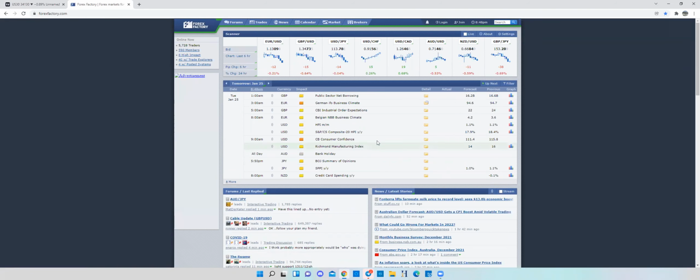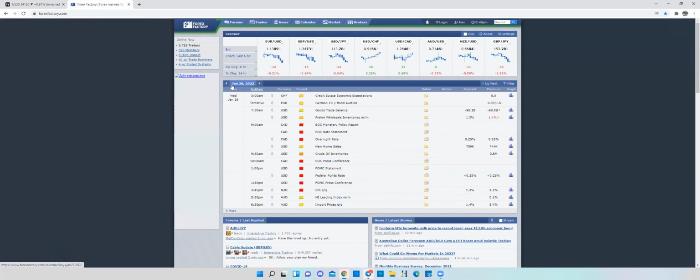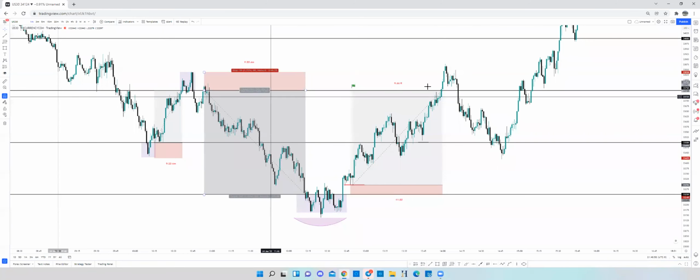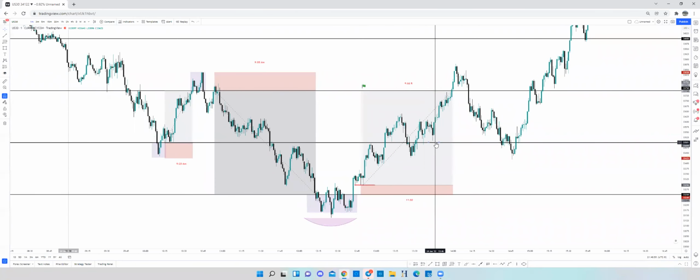So tomorrow is going to be a strictly PA day. We have no red news tomorrow, so strictly price action in the morning. But I will definitely be looking for potential setups, and if I see anything, I will try and send it y'all's way and let y'all know. Again, the same thing happens over and over again on a day-to-day basis. You just got to try and train your eyes to it and look for it.